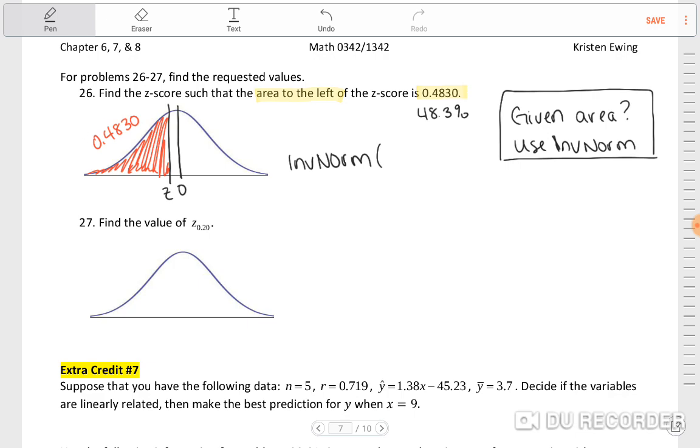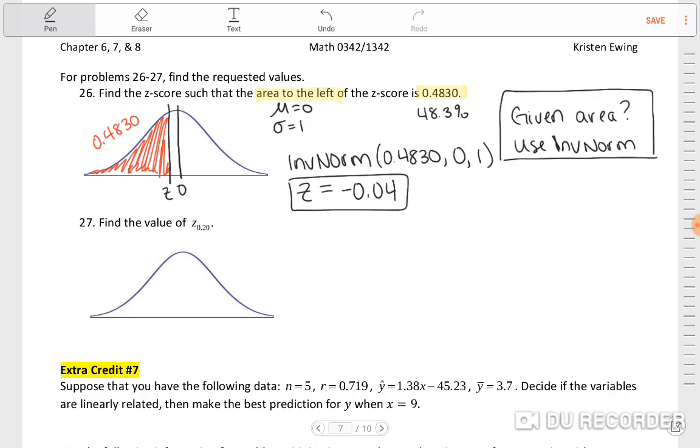But our area to the left, which was given, 0.4830, and then mean, standard deviation. Okay, still because it's the z-scores, mean is 0, standard deviation is 1. So when we plug this in, we get z equals negative 0.04.